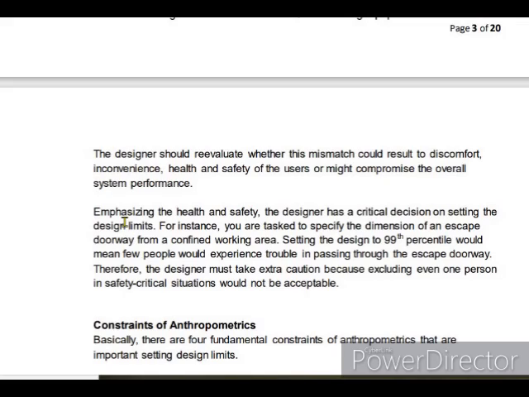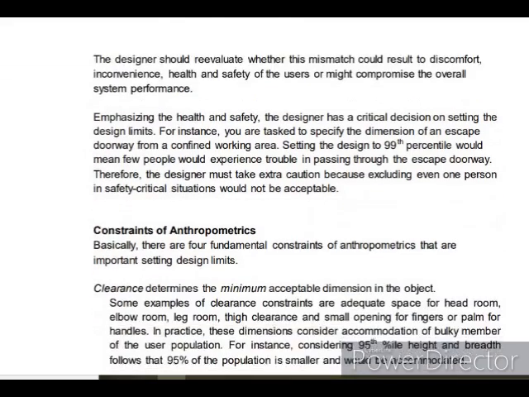So we have to consider them also, okay? Therefore, the designer must take extra caution, because including even one person in safety-critical situations would not be acceptable, okay?